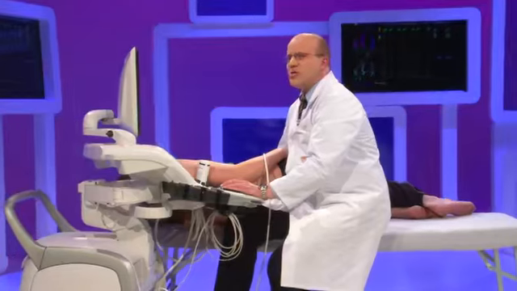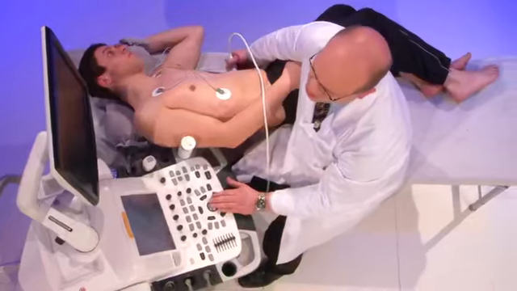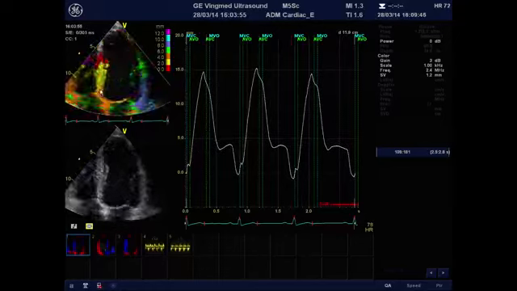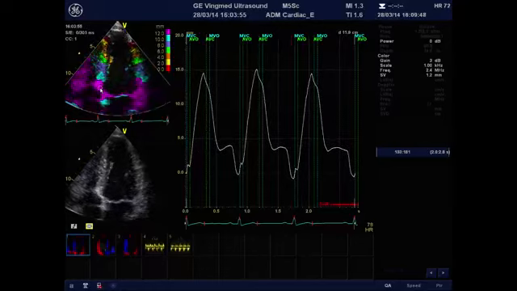We can do more things with tissue Doppler. We can not only measure the velocity, we can also post-process the data in a way that we get other parameters, for example, the motion of the myocardium. For that, we can just tell the computer to calculate the integral of the velocity. When we go now through the same wall, we see another curve, and this is the motion curve.